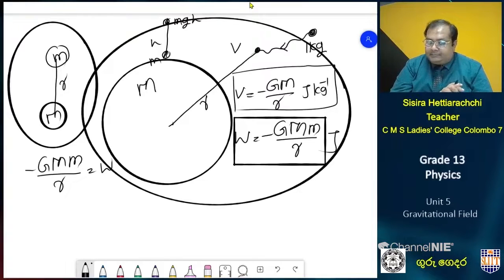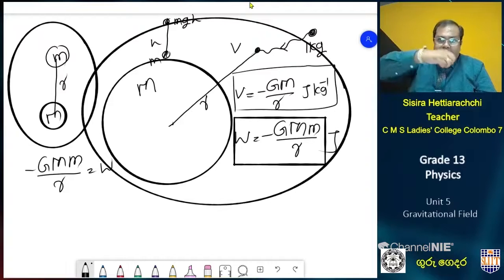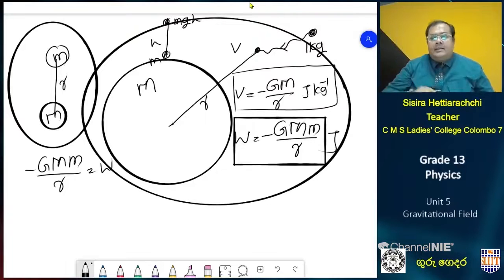Then we can plot the potential variation around this planet. What is potential? Once again, the energy needed to bring unit mass from infinity to the point considered. When it's moved away, we have to do work, which is positive; towards it, negative. The energy needed to bring a point mass from infinity to the point considered is defined as the potential at that point.